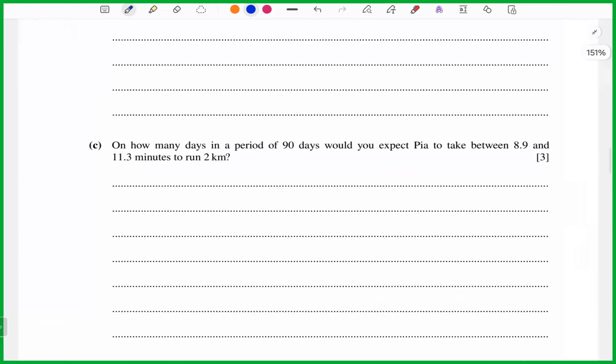And then we look at question 3C. On how many days in a period of 90 days would you expect Pierre to take between 8.9 and 11.3 minutes to run 2 kilometers? Because this is a between, you can take 8.9 < X < 11.3.